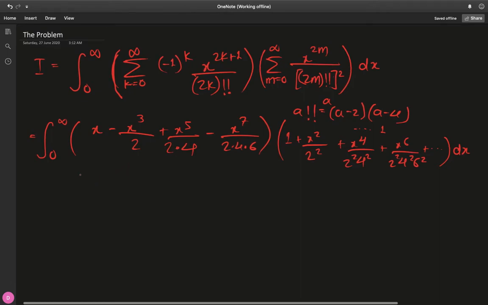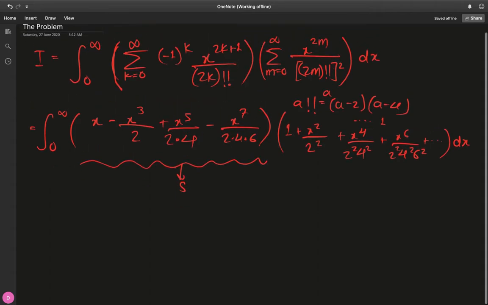So what I'm going to do is look at the less crazy version, without the square in the denominator. I'm going to look at this series first. I'm going to call it S. So S is x minus x cubed over 2 plus x to the 5th over 2 times 4 minus x to the 7th over 2 times 4 times 6.